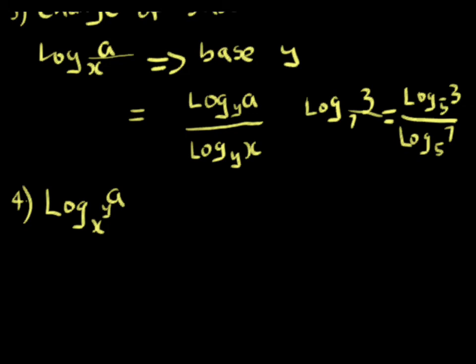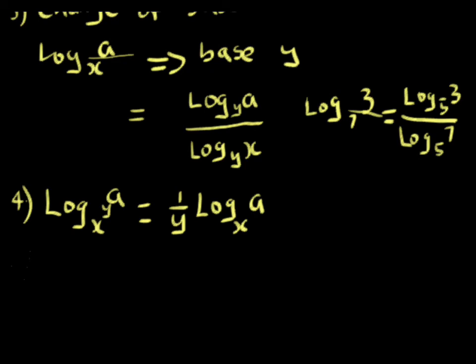What happens now is that this power at our base moves behind the logarithm, and it doesn't just move. We actually have to take the reciprocal of it before moving it. So we're going to have 1 over y. Are you getting it now? So we took the reciprocal of this power and moved it behind the logarithm. This gives us 1 over y log a base x. So this is what we're going to have in the aftermath.